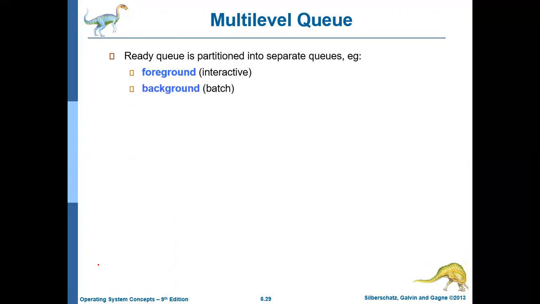Generally there are two types of process available. One is called the foreground process, the other is called the background process. The foreground process is otherwise called the interactive process, and the background process is also called the batch process.